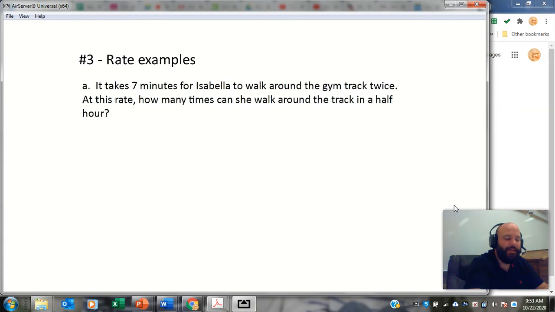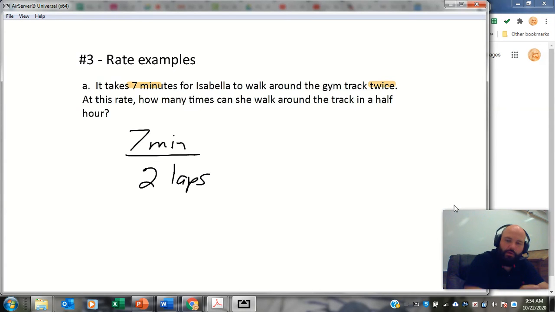In this case, it says it takes 7 minutes to walk around the track twice. So that's 7, and this twice are going to be the numbers that we use for our first ratio. And the ratio is 7 minutes over 2 laps. Okay.